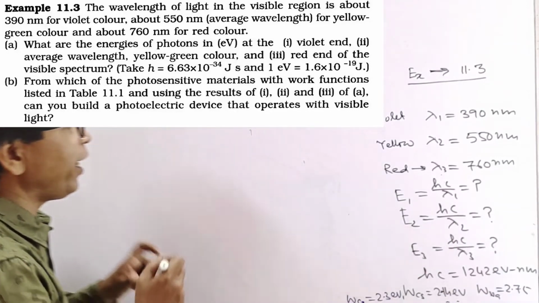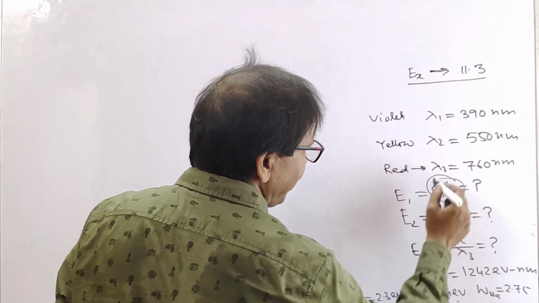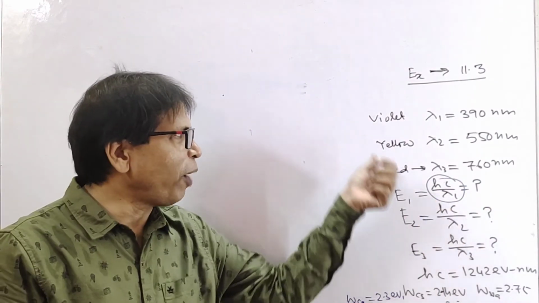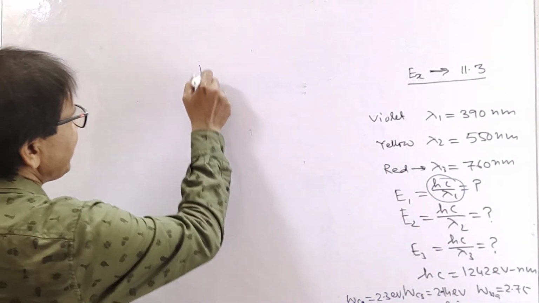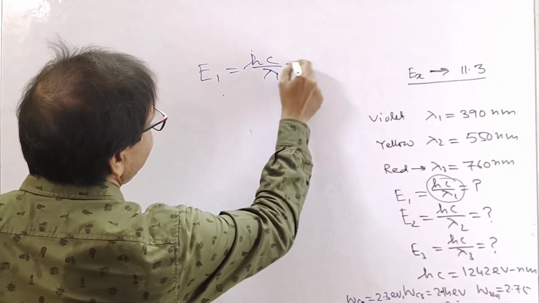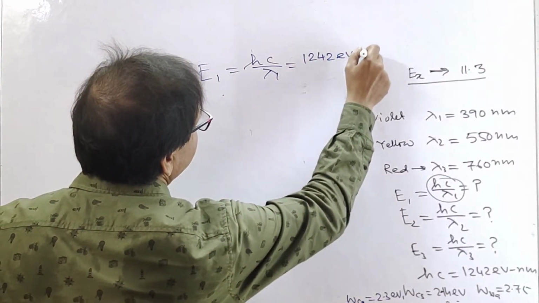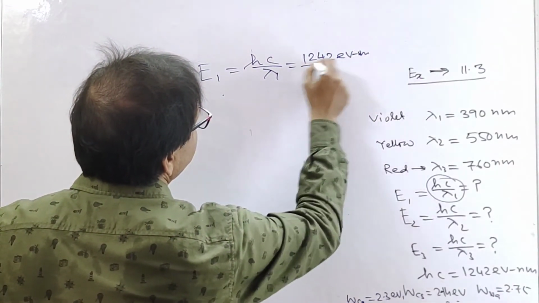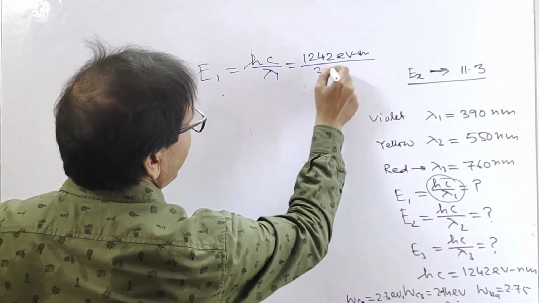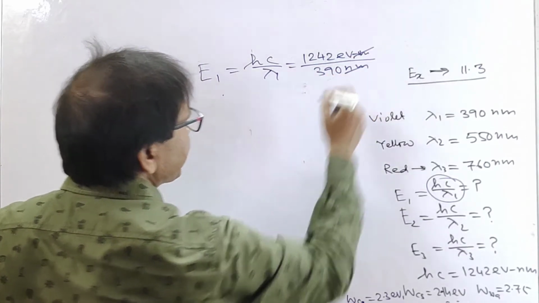Now look at this. First of all, the energy of photon. This is hc by lambda 1 for violet light. So E1 is equal to hc by lambda 1. Here hc is 1242 eV nanometer divided by 390 nanometer. So nanometer cancels out.